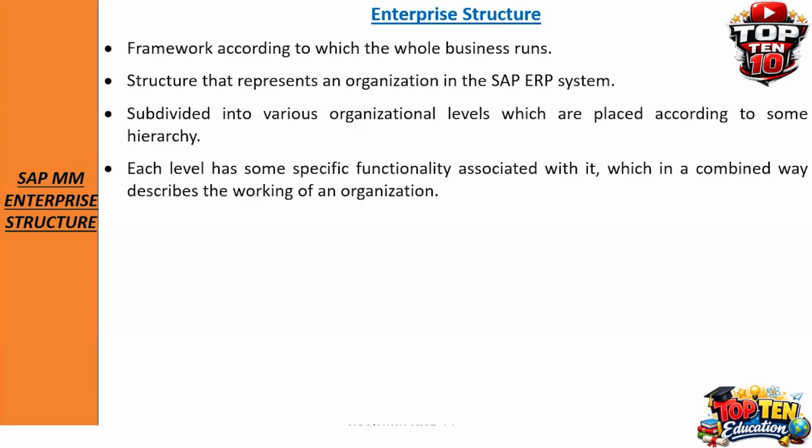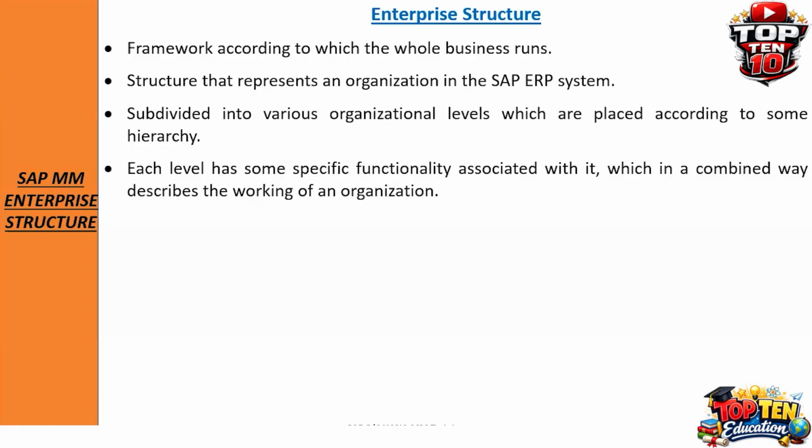Together, they are running the organization and they are running the business. So, as per the requirement of the business, there are many organizational units which we need to set up in one kind of hierarchy. So that framework or hierarchy is known as the enterprise structure.